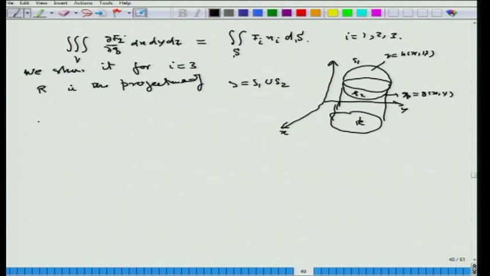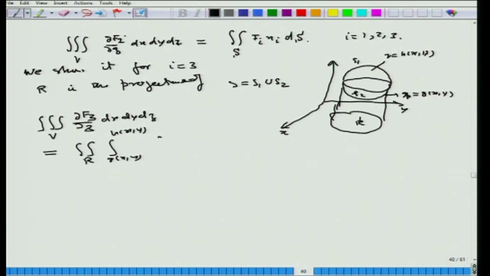Then we can see that this triple integral over V of del f 3 over del z dx dy dz will be the integral over R, and then the z component goes from g x y to h x y of del f 3 over del z dz, and dx dy.